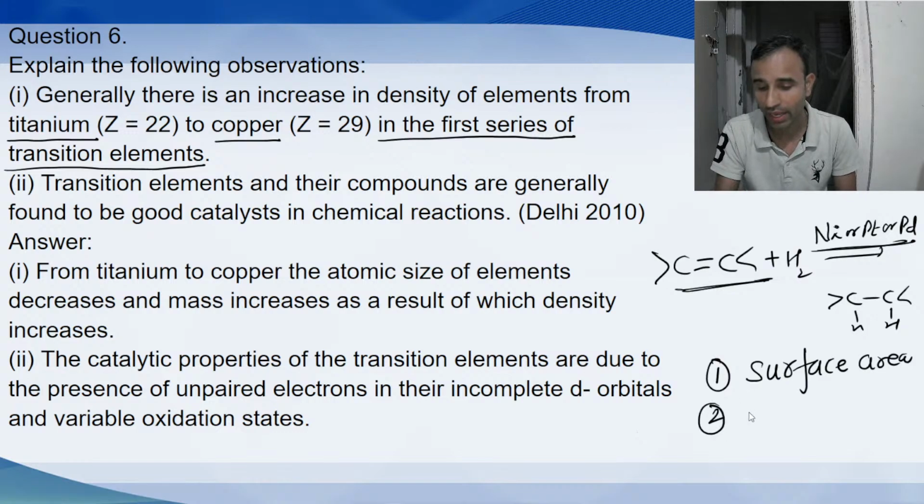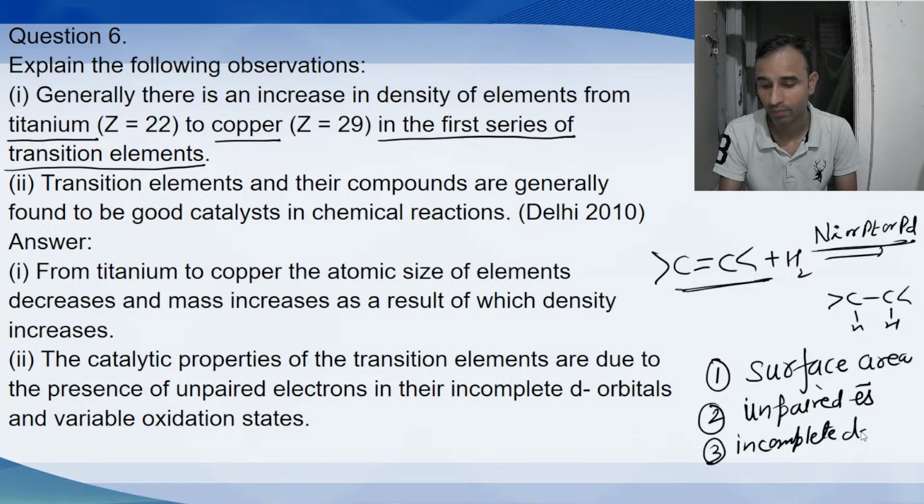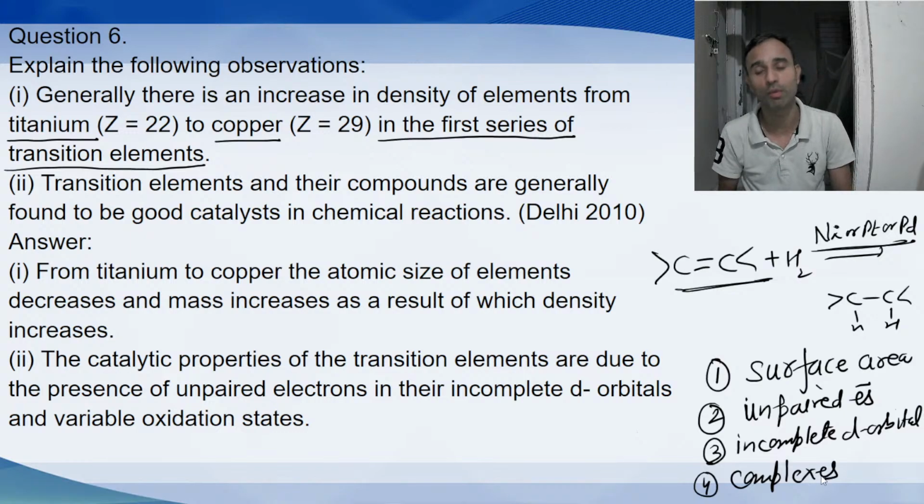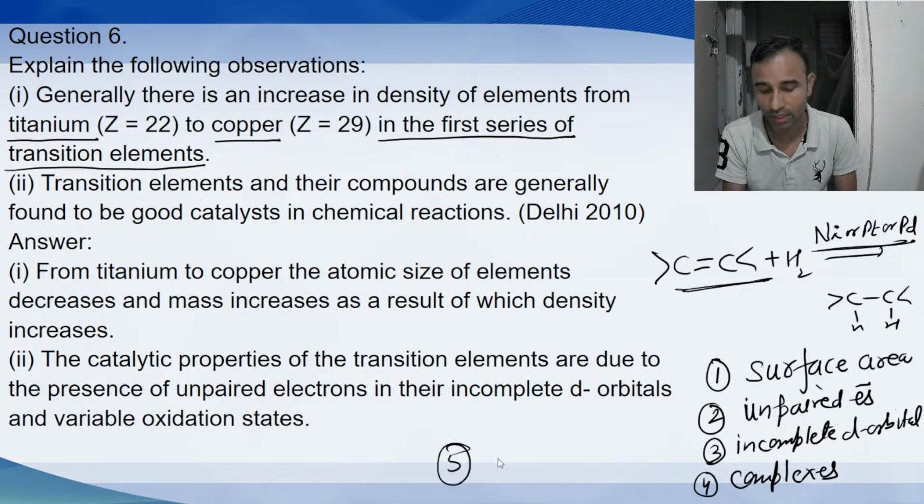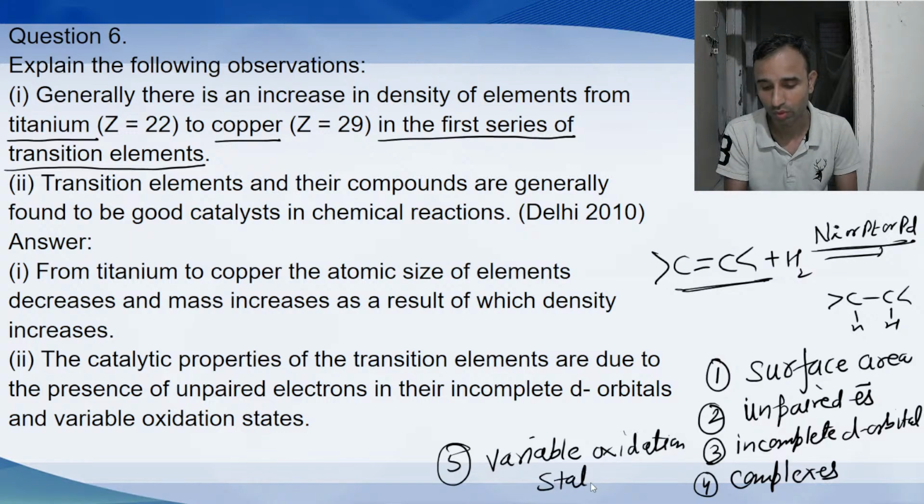Second, they have unpaired electrons and incomplete d orbitals, and they have an ability to form complexes. At the same time they have variable oxidation states. So these 5 points you can incorporate.